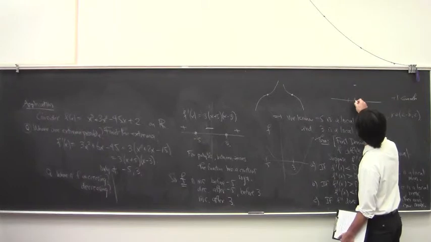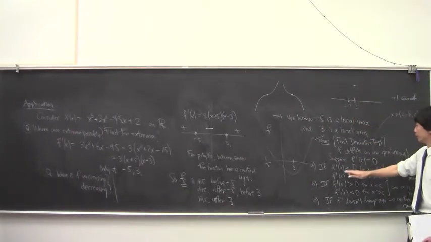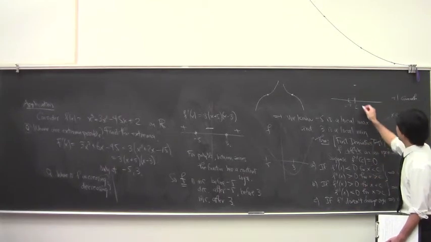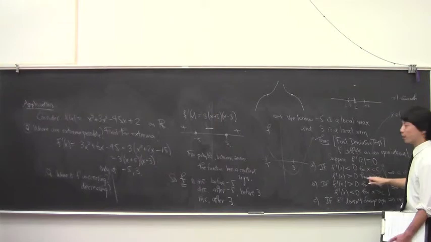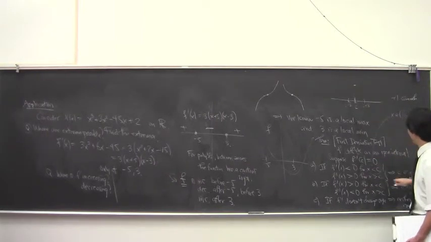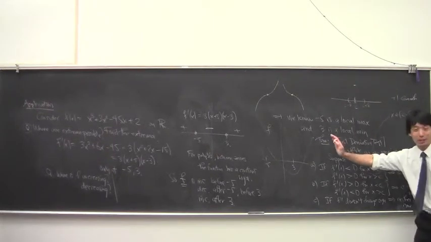If in some half interval here your derivative is negative, and in some half interval on the other side your derivative is positive, then you're going to be a local min. It doesn't have to be for all x less than c, which is definitely not true.